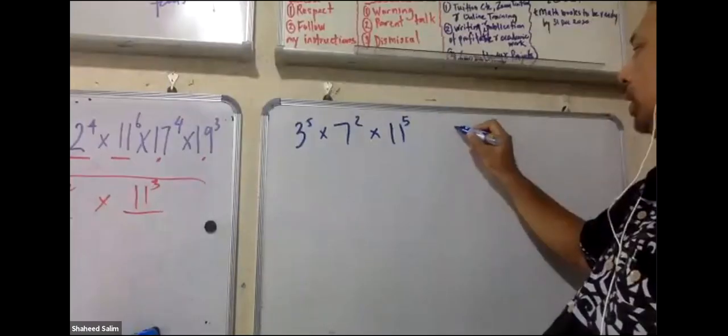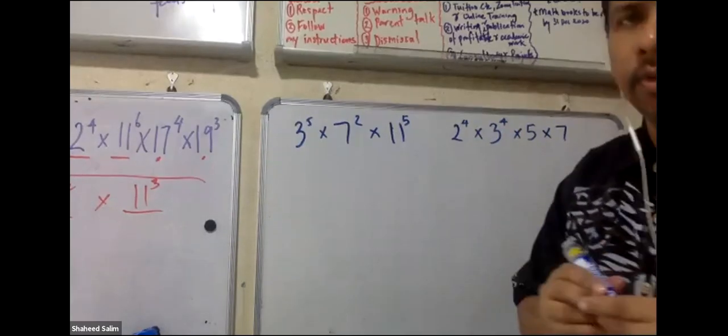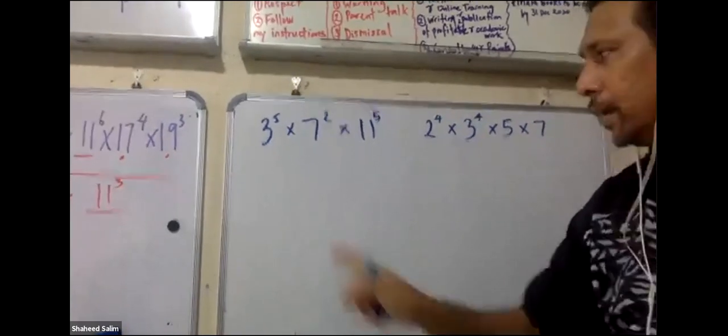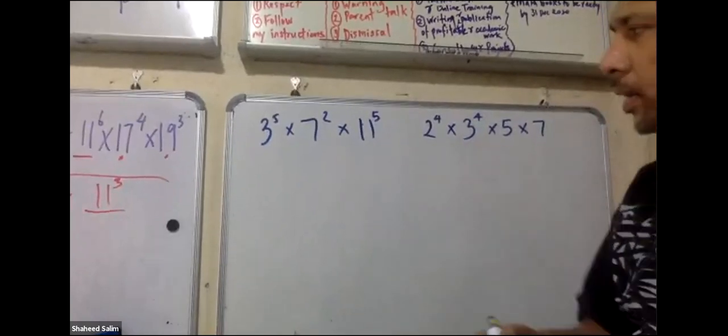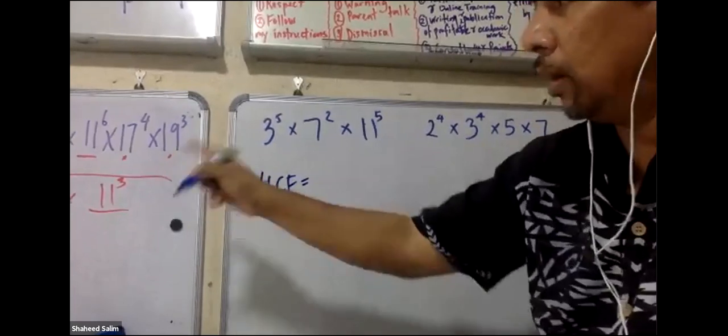Yeah. So there are 2 numbers. Hold on. So now, there are 2 numbers. This is one number. This is another number. I want you to find the HCF. What's your answer? HCF: use the smaller of the same numbers.